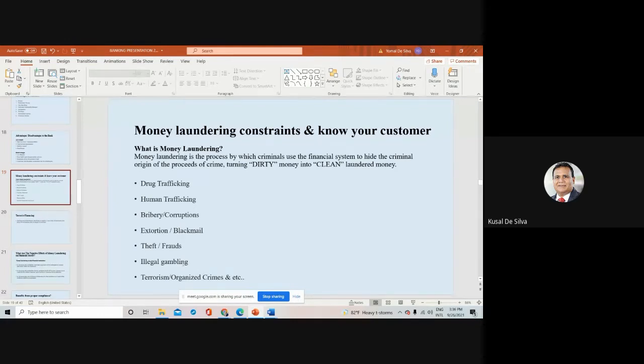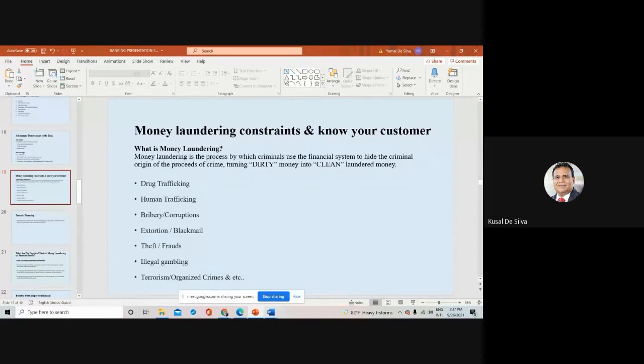Those things cannot be done because this money has been earned by illegal means, and they are unable to show the source of funds to make the formal deal. So it is very important to know how people make money through drug trafficking, human trafficking, bribery and corruption, extortion, blackmail, theft, frauds, illegal gambling, terrorism, organized crimes.